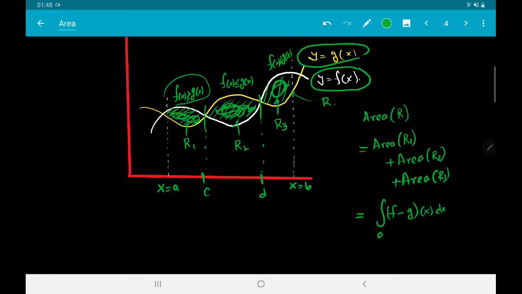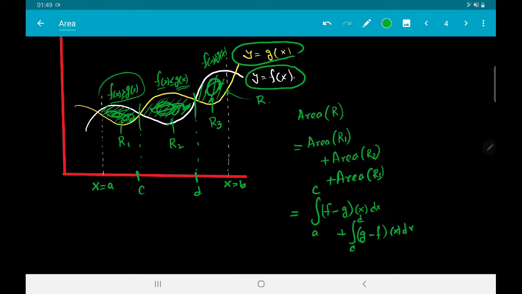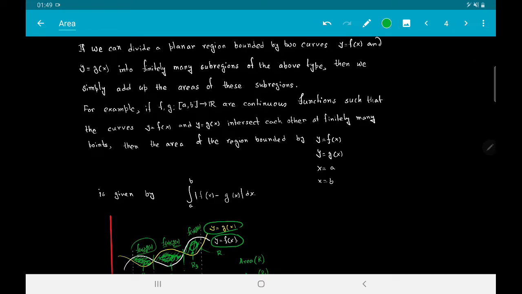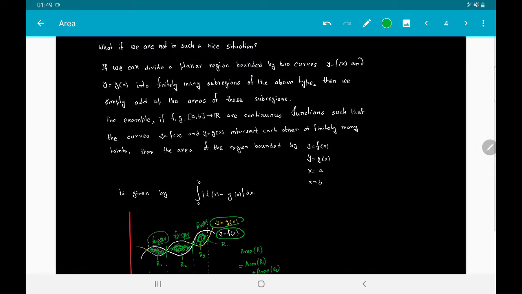So here we go from a to c, plus the integral from c to d, and here we know that g(x) is bigger than or equal to f(x), so g minus f of x dx, and in the last subinterval we are back in the case when f is bigger than or equal to g. So this is nothing but the integral from d to b of f minus g of x dx. So what we have exactly done is depicted in this small prose above the picture, which I encourage you to read when you go through the slides.